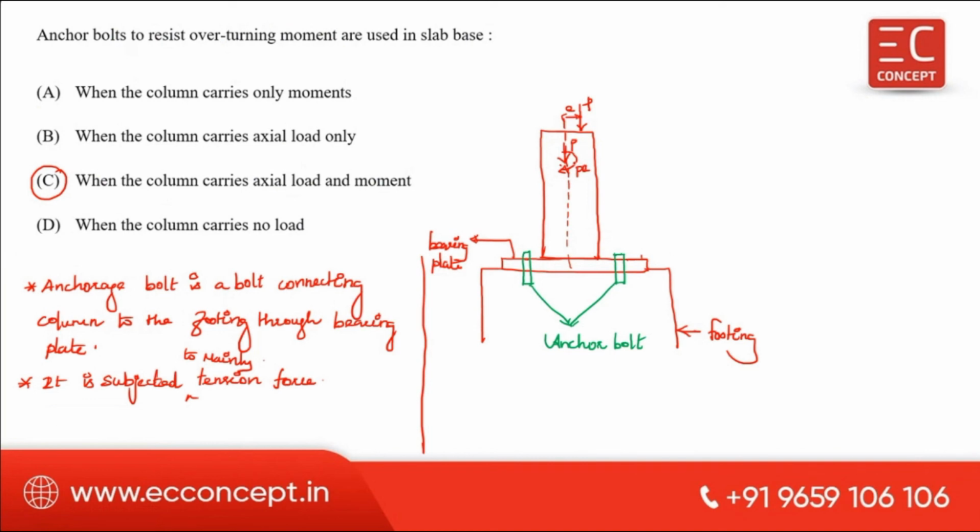This column now carries axial load P and moment PE. Because of this PE, there is an overturning moment, and this overturning moment is also resisted by the anchorage bolt.